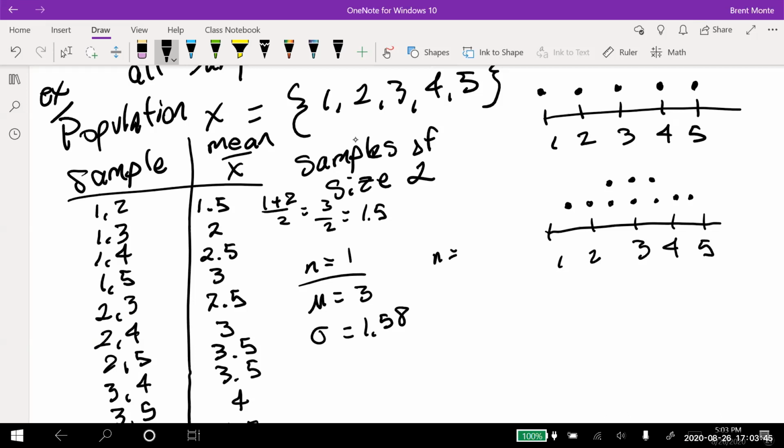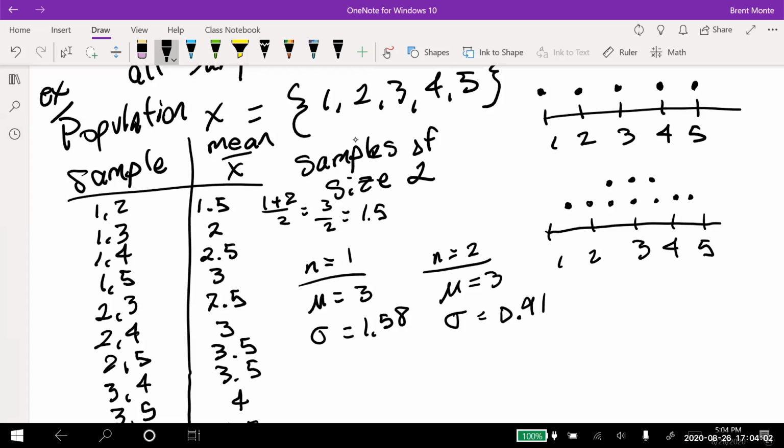When I have a sample of size 2, so now this is a sampling distribution, the mean was exactly the same, but the standard deviation was smaller. It was about 0.91.